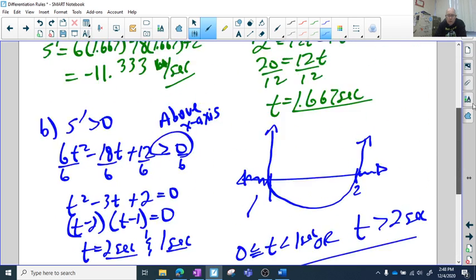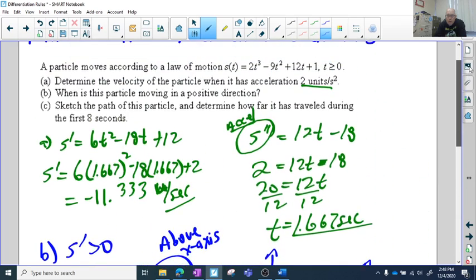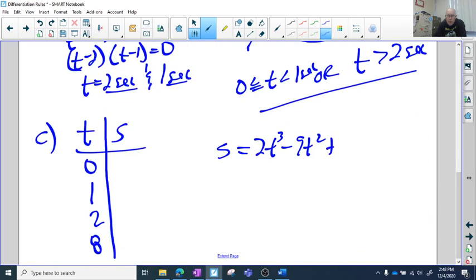So position was 2t to the third, subtract 9t squared, plus 12t plus 1. So you're going to fill 0 in here. So 0, 0, 0, plus 1. You're going to get a 1. Fill 1 in here. 2, take away 9, negative 7.